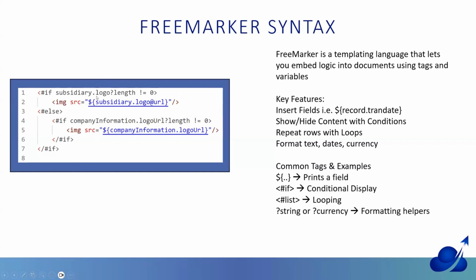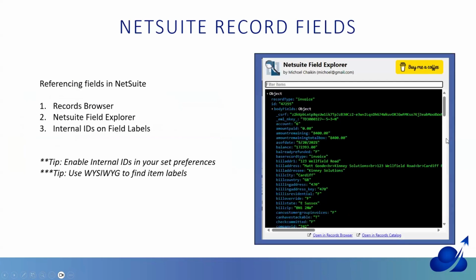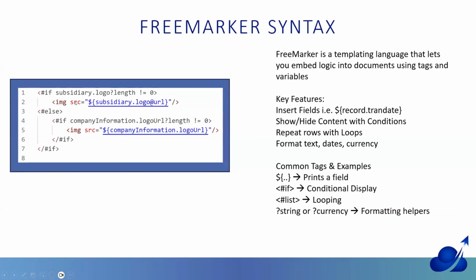So if subsidiary.logo with the formatting helper ?length is not equal to 0. So basically, in computer terms, if the subsidiary logo is not blank, we want to go and print an image.